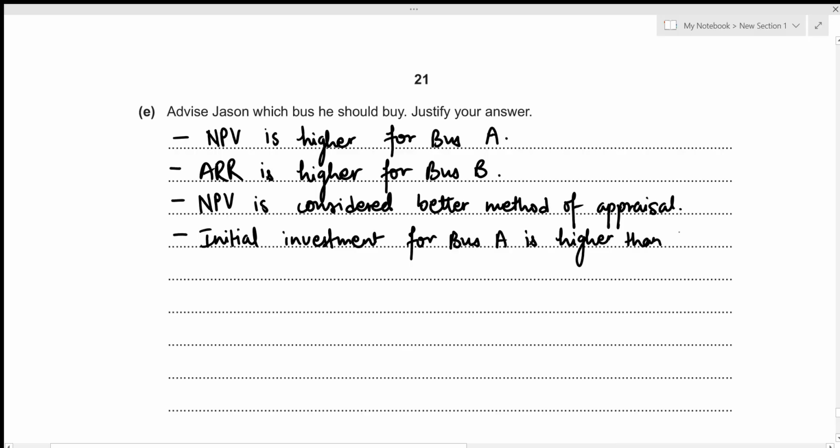than bus B. So if the initial investment is higher, then the payback period is also lengthier, right?